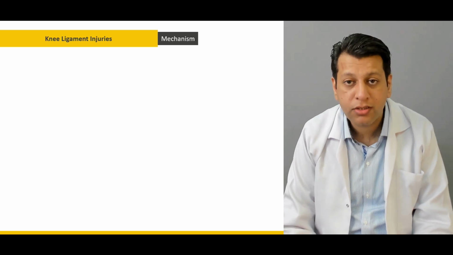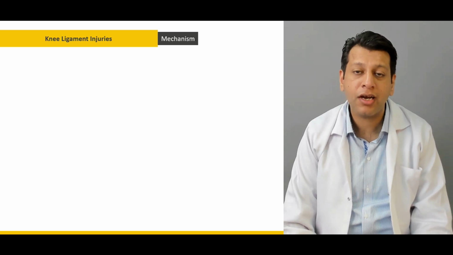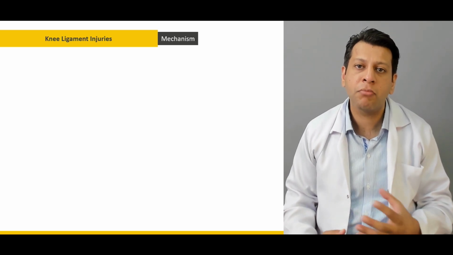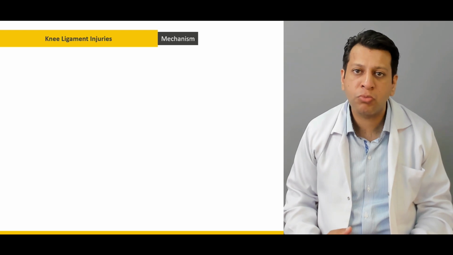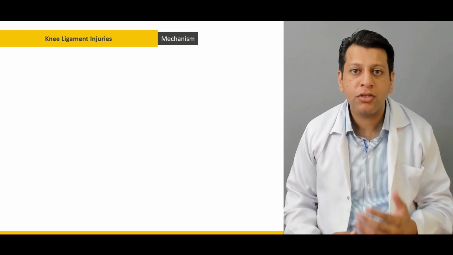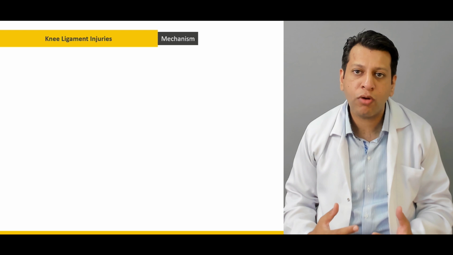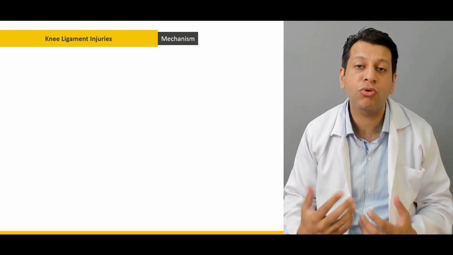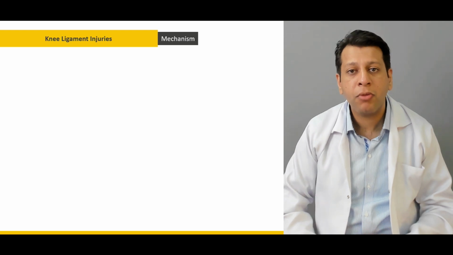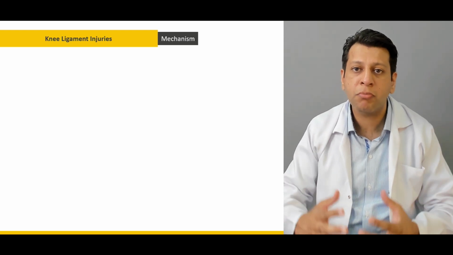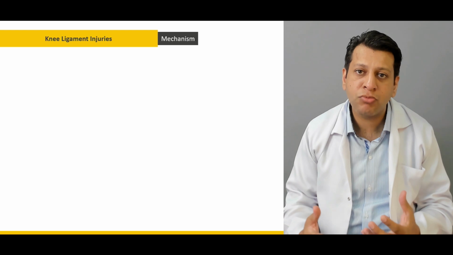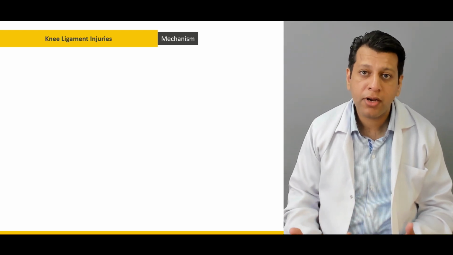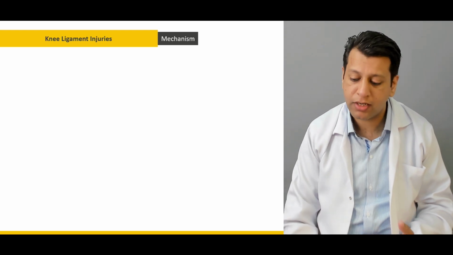So how can an ACL injury occur? One way is contact injuries. For example, in rugby or in sports such as American football, there is always a tackle that can come in, and an injury can occur due to the contact. But in a sport such as soccer, it's mostly a non-contact injury. The knee is usually hyperextended with the foot planted on the ground.